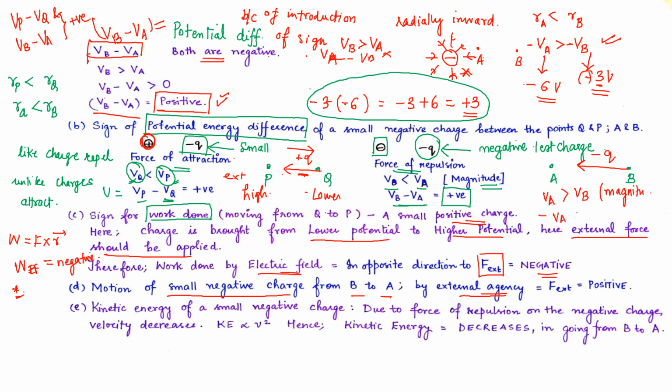When we are taking the sign consideration, the potential of B becomes greater than the potential of A, and when we are moving from here to here, the force due to the electric field is in the negative direction and will oppose the motion, whereas the external force will support the motion and will allow our test charge to move forward, move near this negative charge.